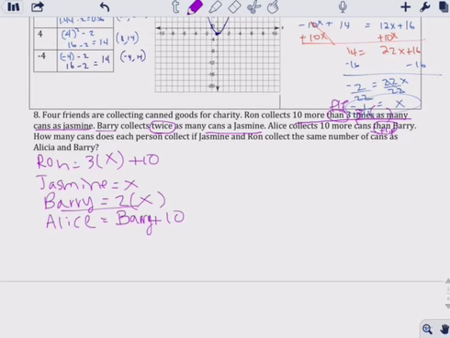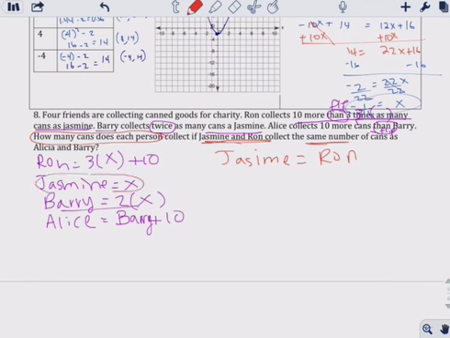Oh, how many does each person collect if Jasmine and Ron collect? Oh, this is an interesting one. How many cans does each person collect? Okay, we want to know how much each collects if Jasmine and Ron collect the same amount. So Jasmine is equal to Ron. That's what it's saying. The same number of cans. So let's see.